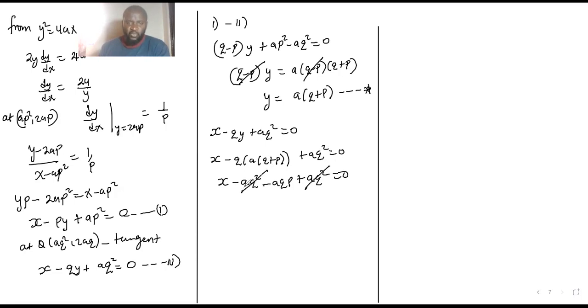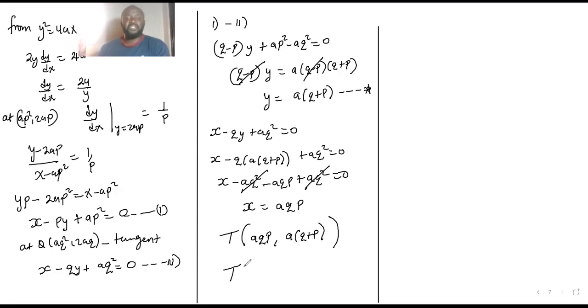I vamoosh the 2 by subtraction. Finally, my x becomes aqp. Therefore, our point of intersection of the 2 tangents will become (apq, a(q plus p)).